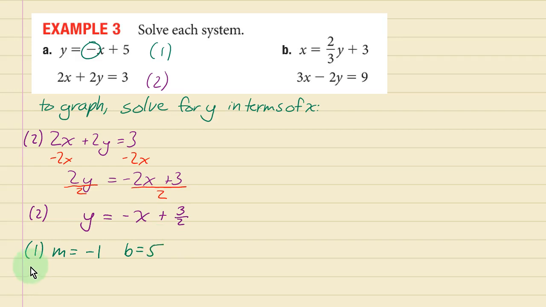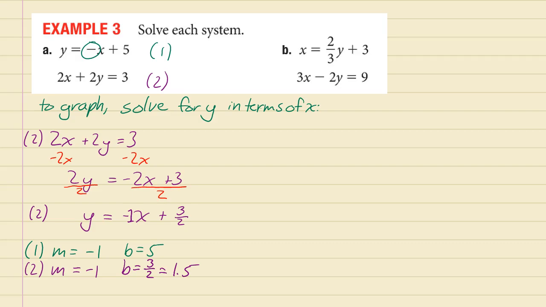And equation number 2 also has slope -1 because that's like a -1 times x right there. You could just think of it as -1x if you want. And the y-intercept is 3/2, also known as 1.5.